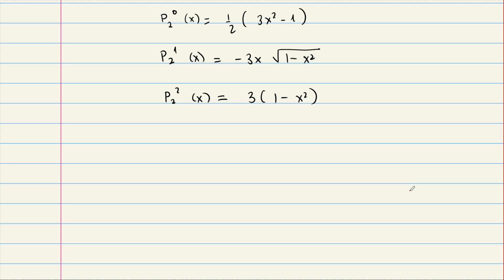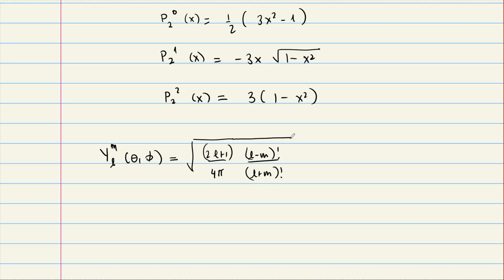Then, okay, let me write this full solution and finish it there. The full angular part is Y_l^m of theta and phi, equal to the square root of (2l plus 1) over 4 pi times (l minus m) factorial over (l plus m) factorial, all inside the square root, times e to the i m phi times P_l^m of cosine theta.